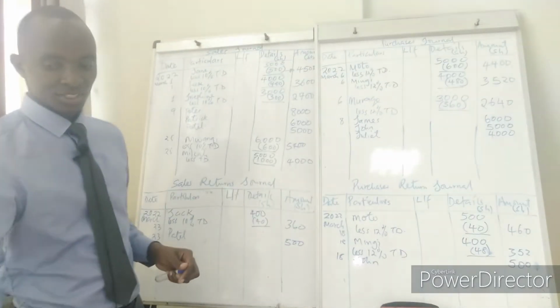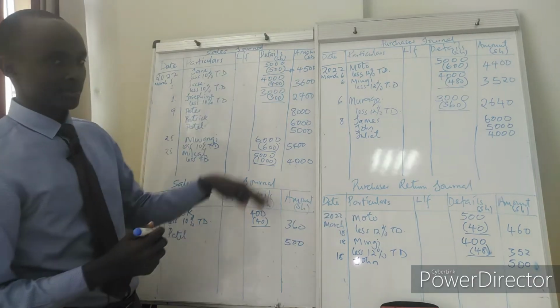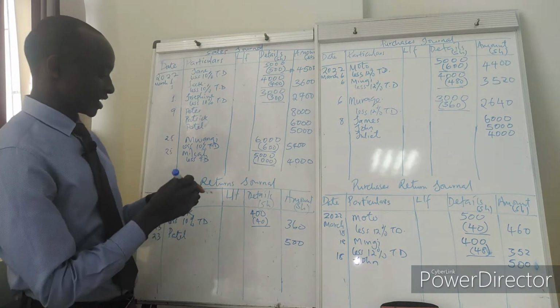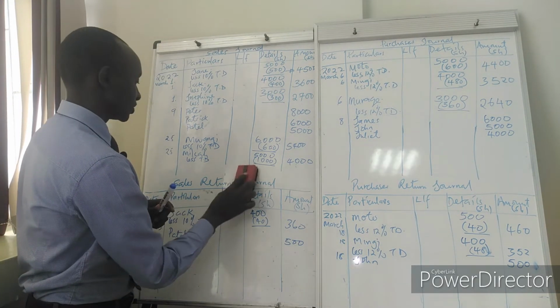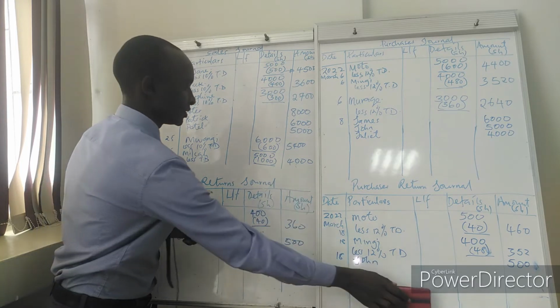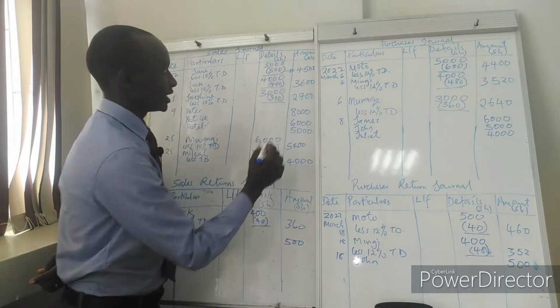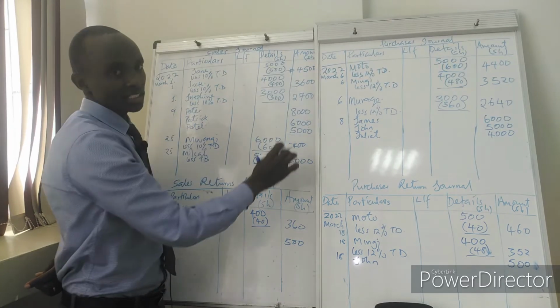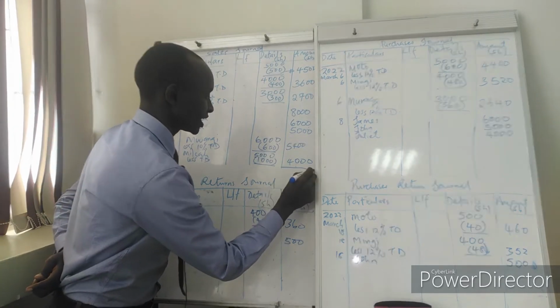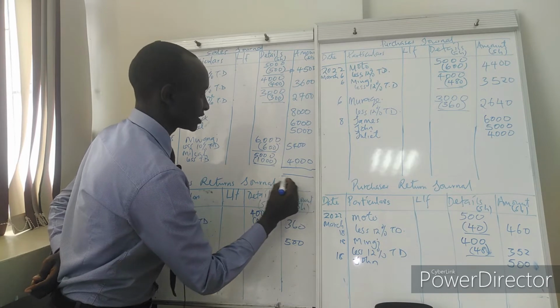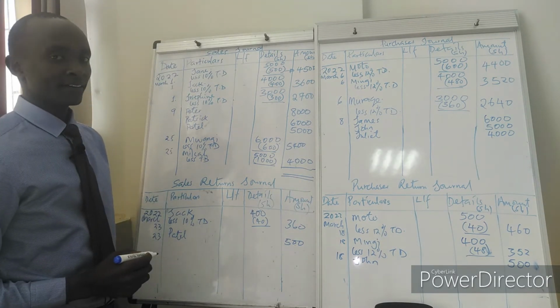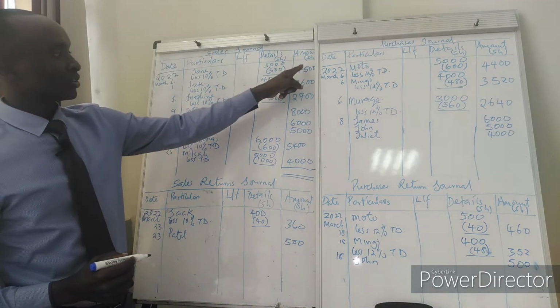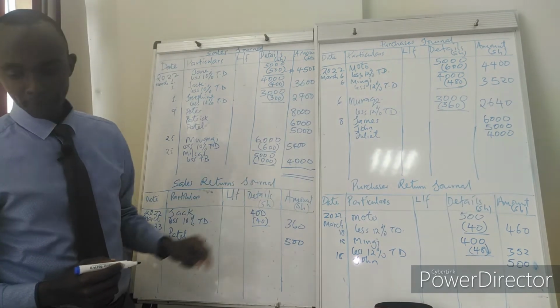So what is left with us is we add up. Are we together? We add up. So let me show you how to add up. So the column that you're going to add up is the amount column, whereby you have adjusted everything. So you put one line on top and then two lines down here. Are you together? So you get a total of all these.